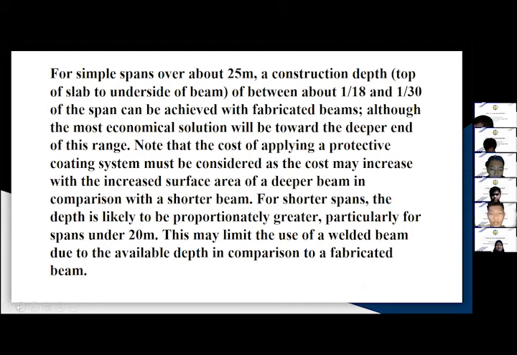Note that the cost of applying a protective coating system must be considered, as the cost may increase with the increased surface area of a deeper beam in comparison with a shallower beam.